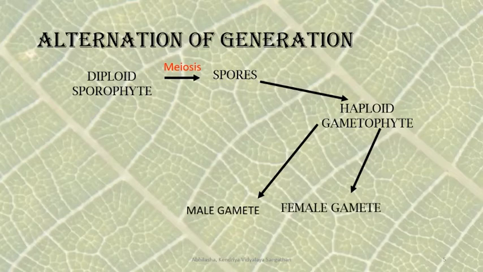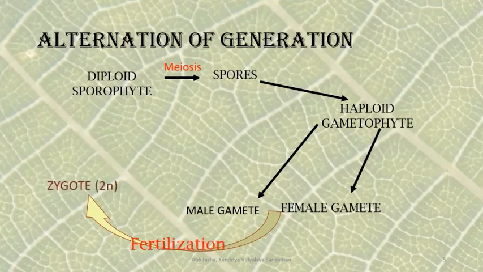Remember, since the spores were haploid, the gametophyte is haploid, so male and female gametes are also haploid. These male and female gametes undergo fertilization to form the zygote, and the diploid number is restored. This zygote will then germinate to form the diploid sporophyte.